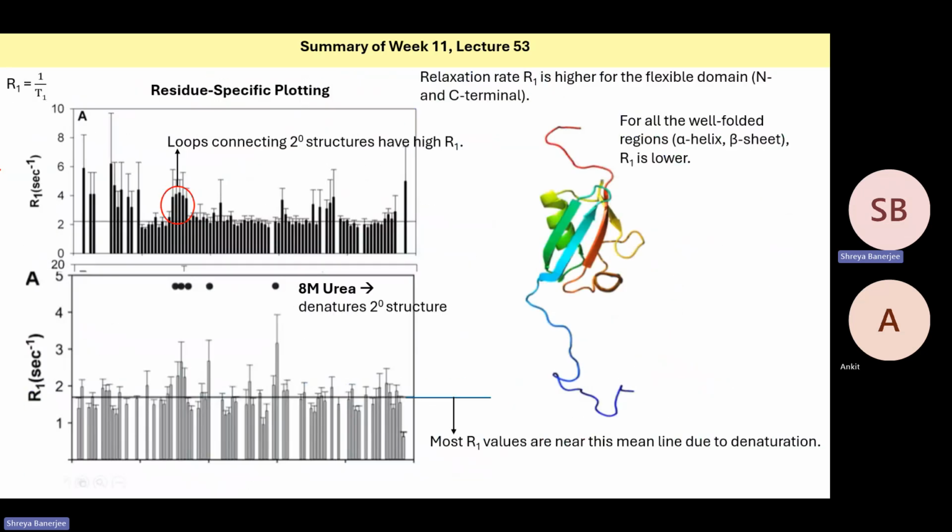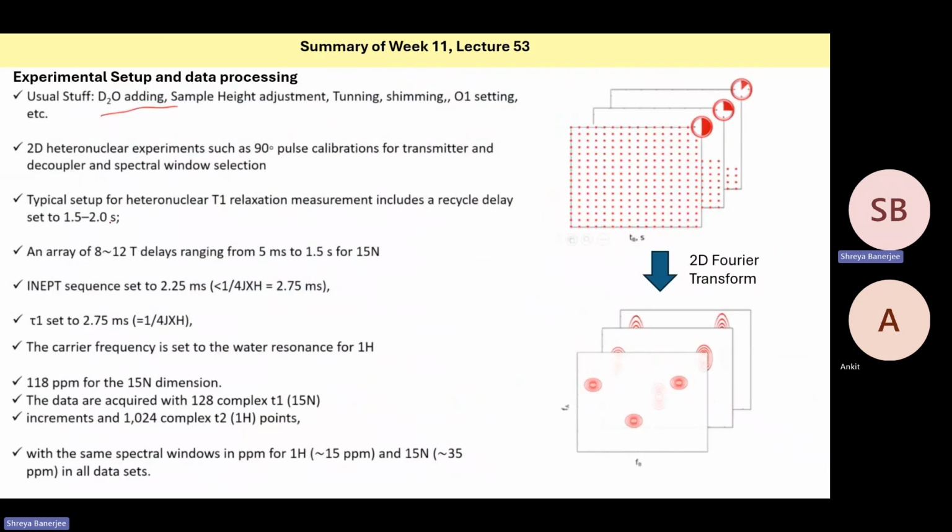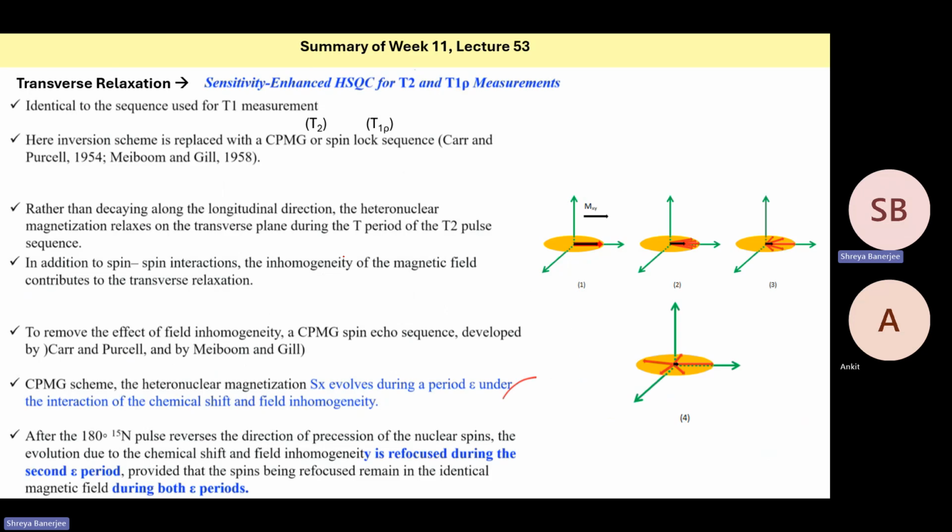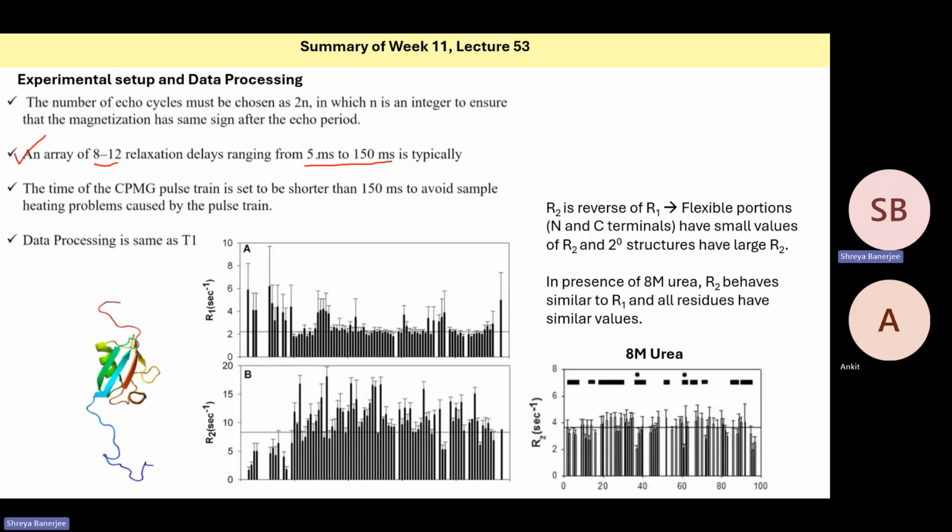In the previous case, it could range from 5 millisecond to 1.5 second. So for T1, the capital T can vary in a much longer range, 5 millisecond to 1.5 second. But for T2, the capital T should only vary from 5 millisecond to 150 millisecond.